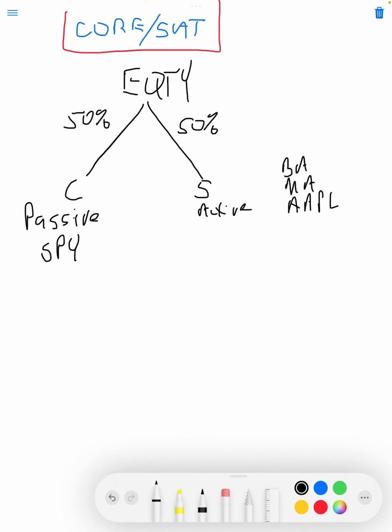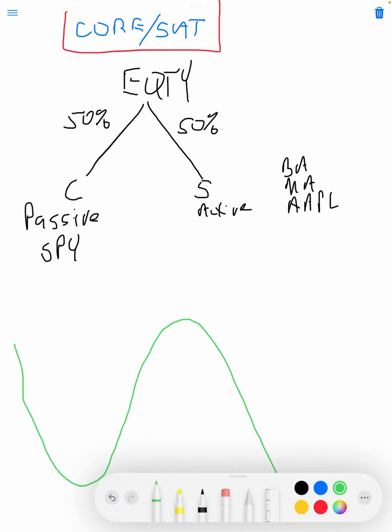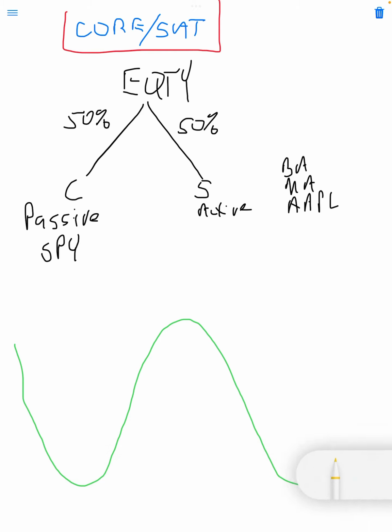Now, I do something also when I'm looking at the active section, the satellite. I use a business cycle analysis where you can look at the equity market in its various stages.